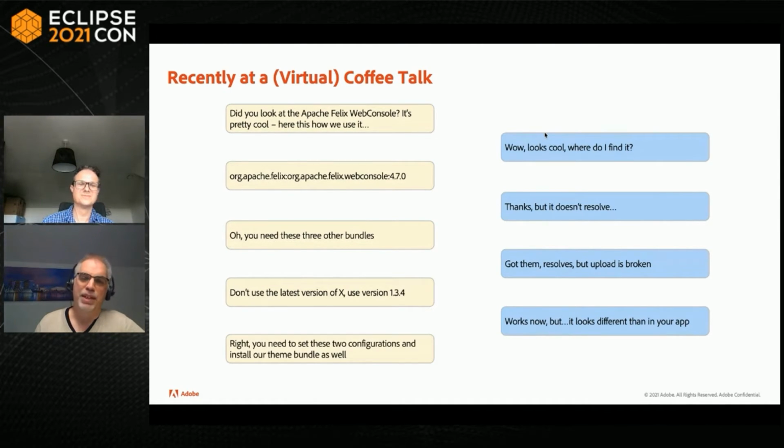Ah, right. In addition to all these bundles, just install these 2 additional OSGi configurations with all these values and properties, and then install the additional optional theme bundle. And then everything will look pretty fine, and you have the same experience as we have in our application. Does it sound familiar to you?